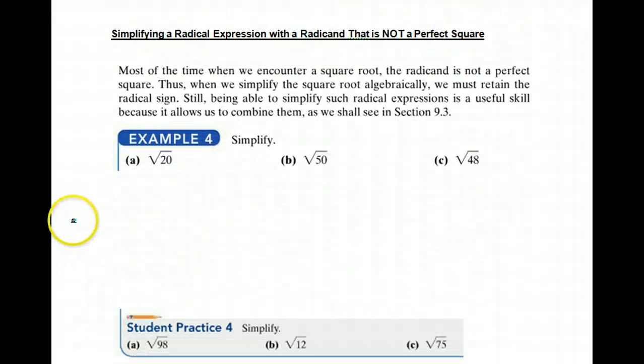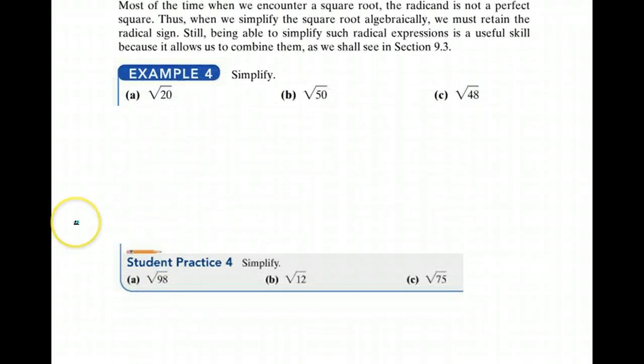So when that happens, what you want to do is break your numbers up using factors that contain a perfect square. For example, let's look at letter A. We have the number 20.